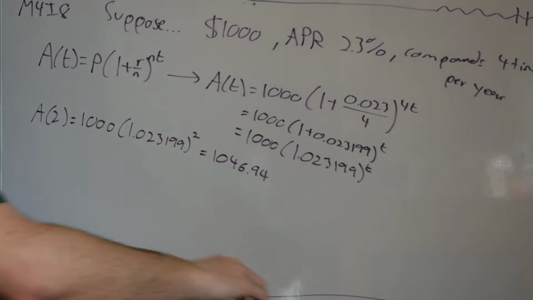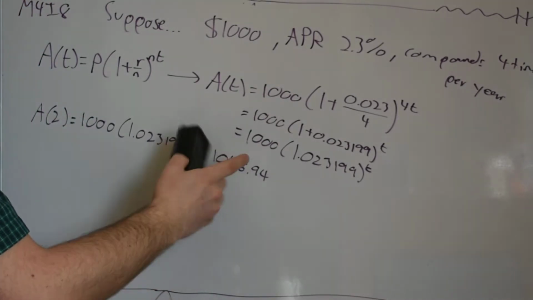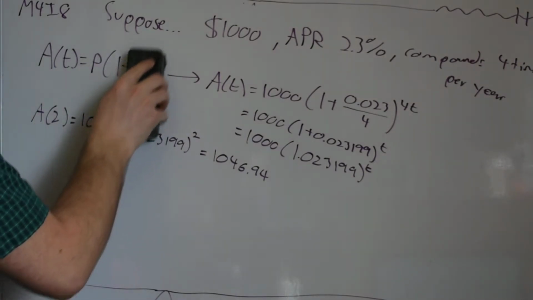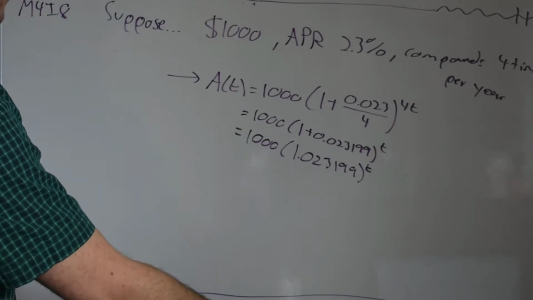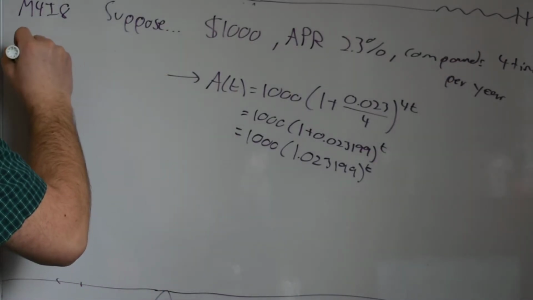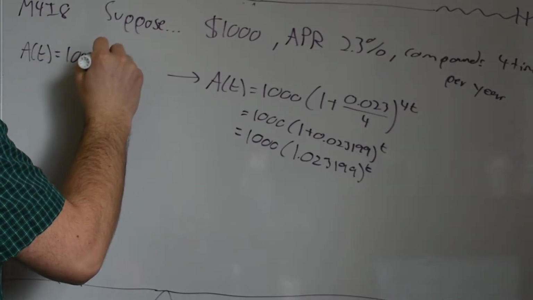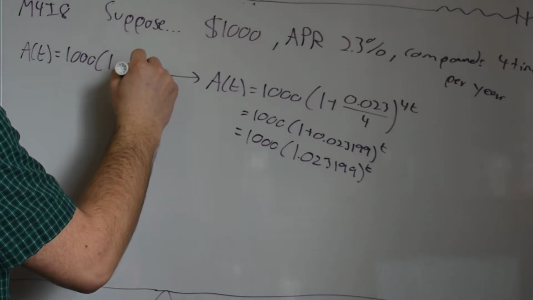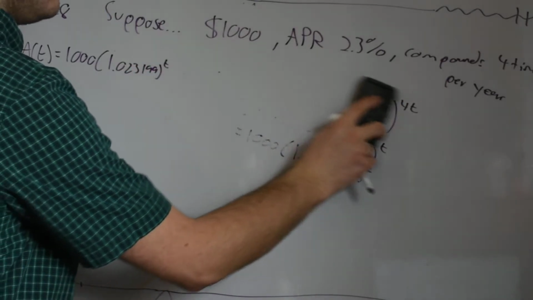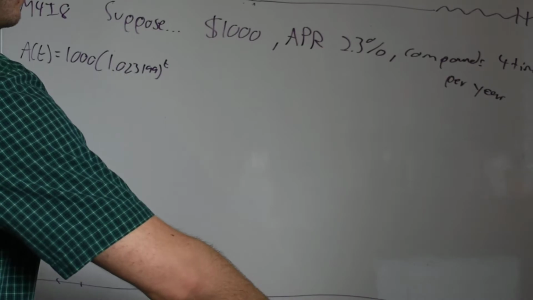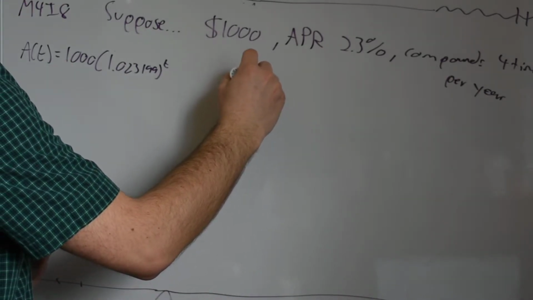So let's suppose that we did have a goal, say $3,000. So I'm going to erase this. And then I'm just going to rewrite this thing over here. So if we have a goal of $3,000, we're going to set this thing equal to 3,000.